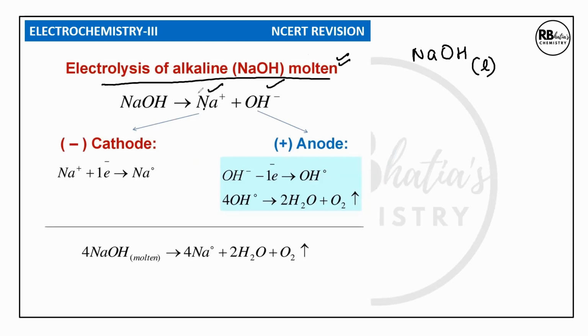Sodium, the positive ion, goes to the negative cathode, undergoes reduction and gets deposited. And at anode, OH negative ion undergoes oxidation to form oxygen gas. Add the two equations, we get this as the overall reaction. No competition, no complication. One ion moves to cathode, another to anode, and they undergo oxidation and reduction.